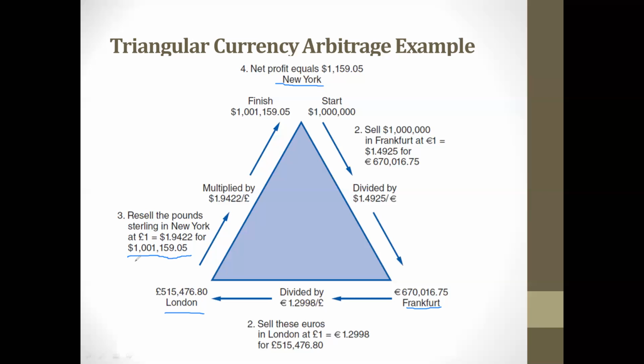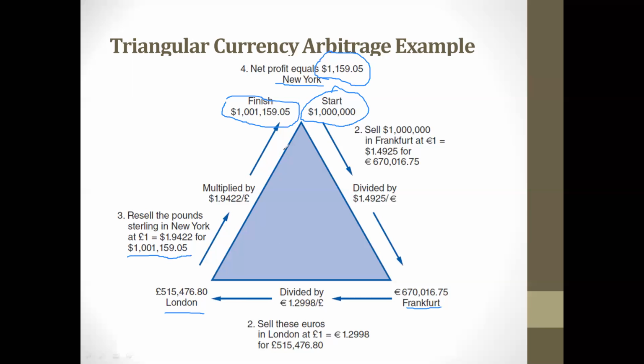Then what is his profit? In the beginning he started with $1 million and ended up with more than $1 million. The difference between the starting dollars and the finishing dollars is the triangular arbitrage: he earned $1,159.5 as his arbitrage profit.